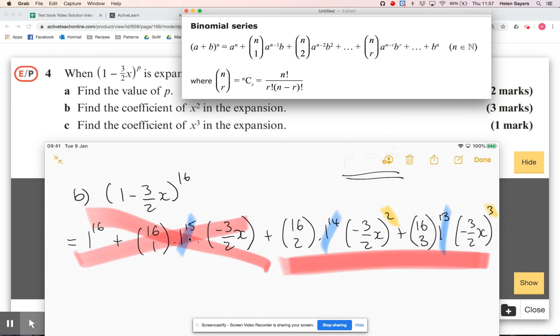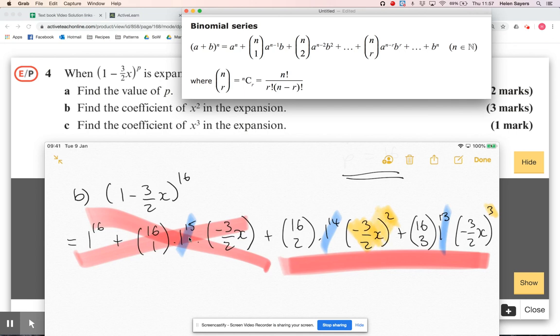So those brackets are essential, because my x squared term is going to be 16 choose 2, and then times minus 1.5. And with positive and negative, I just tend to look in advance and decide if it's going to be a positive or a negative term. So although I do have negative 3 over 2x, it's getting squared, so that is going to end up as a positive.